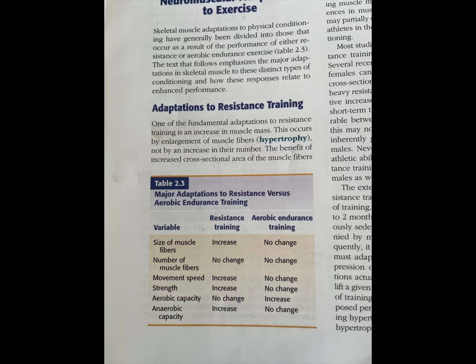In fact, the relative increase in muscle fiber size in response to short-term training has been found to be comparable between males and females, even though this may not be visually obvious because of the inherently greater proportion of body fat in females. Nevertheless, it seems that the enhanced athletic ability afforded to males as a result of resistance training can in large part be enjoyed by females as well.